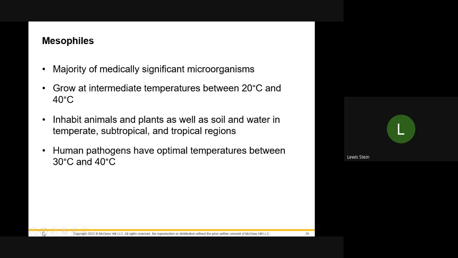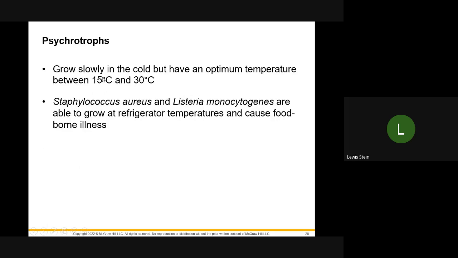They say the range is 15 to 30. I would say maybe 20 to 40, because some of them can still grow even at room temperature or warmer. Maybe 15 to 30 is okay.